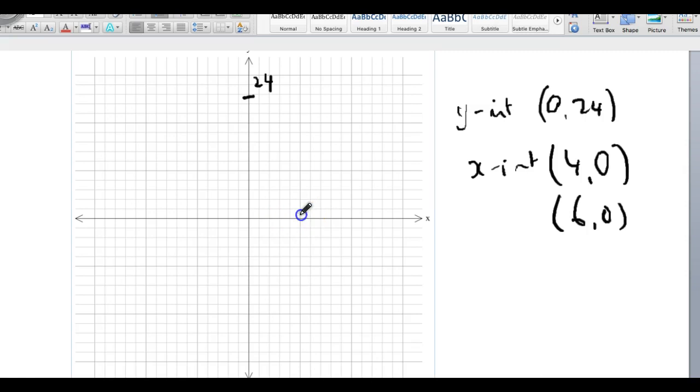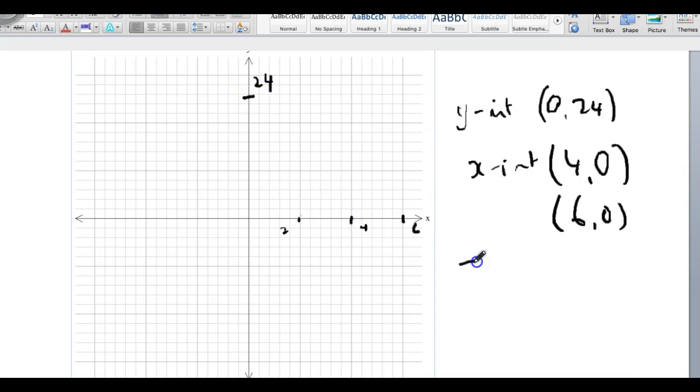Hold on. I'm going to go up by 2. So that would be 4 and that would be 6. So 2, 4, 6. Okay, so my graph's going to go over here.